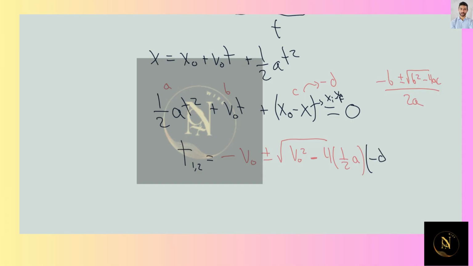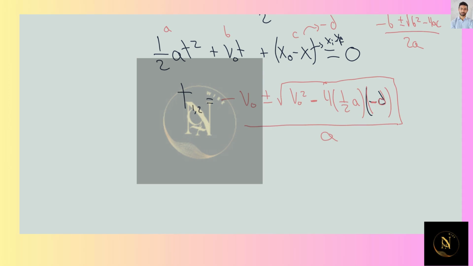So minus d over here, divided by 2 times a. In this case, it becomes directly the acceleration. Just a note for you to remember, x0 minus x is going to be equal to the value for minus d. So you can have positive or negative displacements.